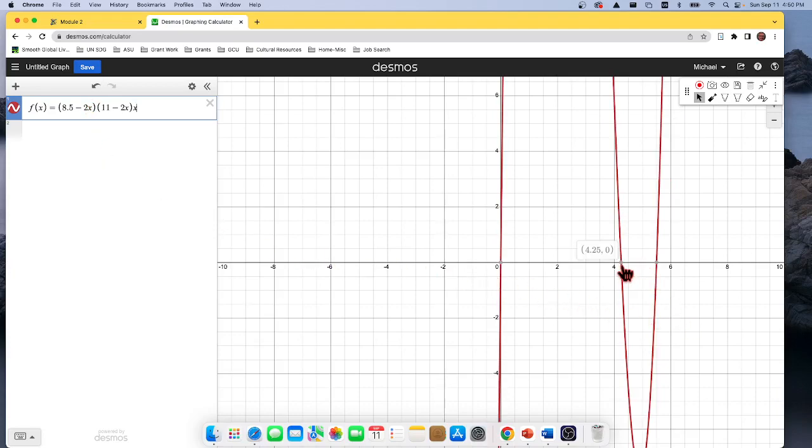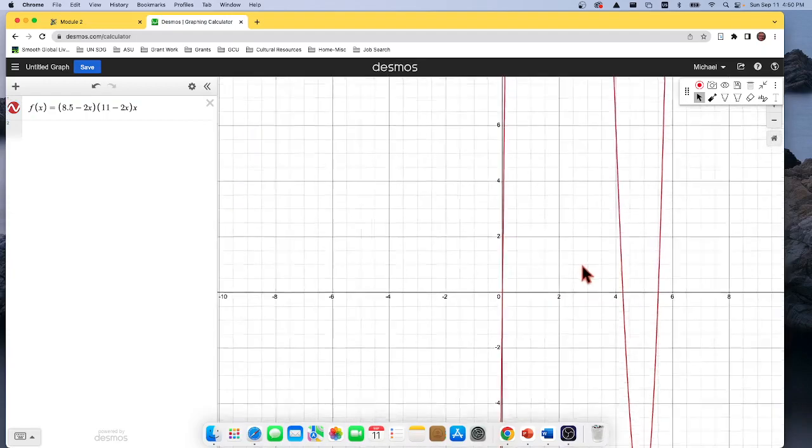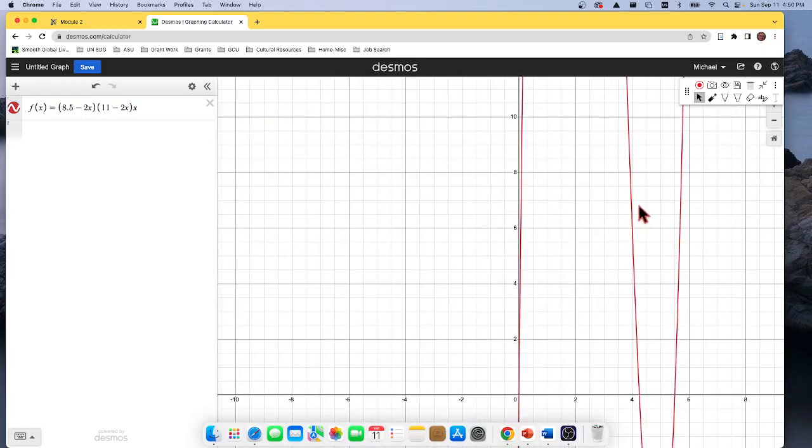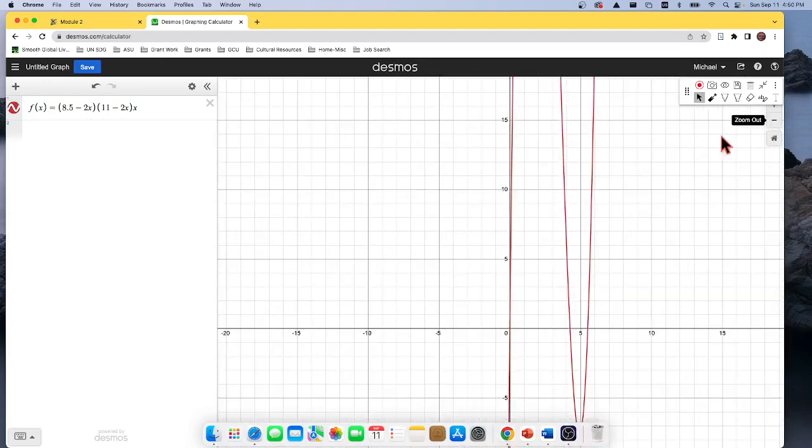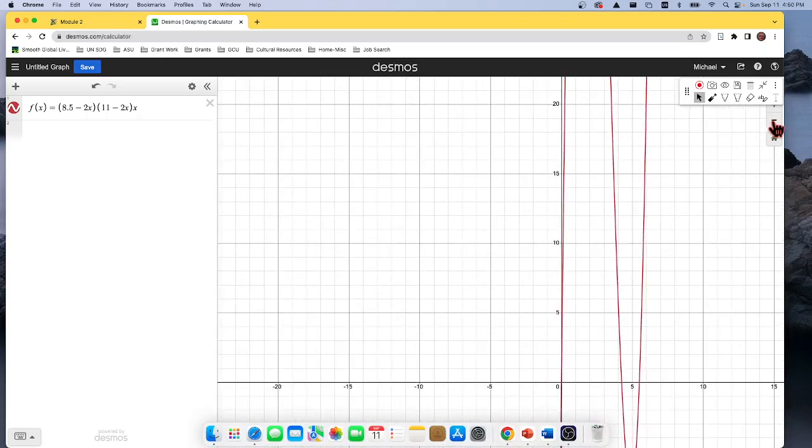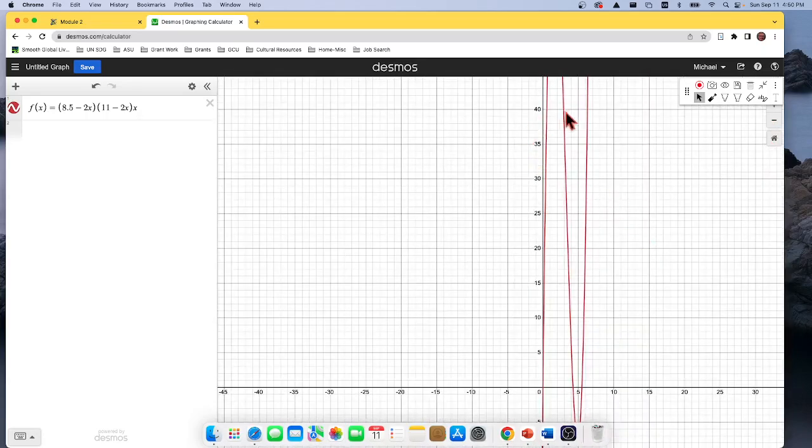And we see this at 4.25 or there. So we do go up, and what we want to do is let's zoom in a little bit more, so we go pretty high.